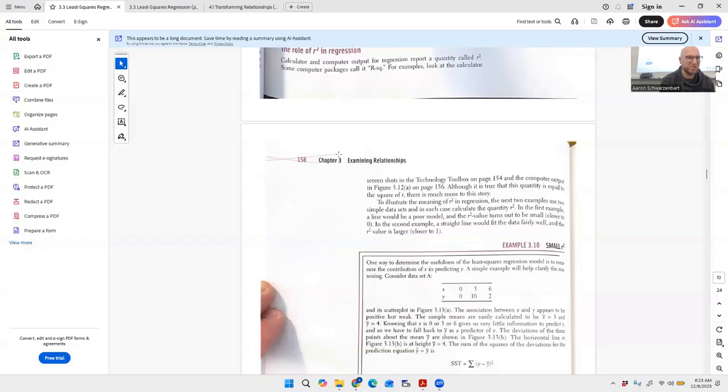R squared. Do you guys know that meaning? No. It is the percent of y that can be predicted by x.